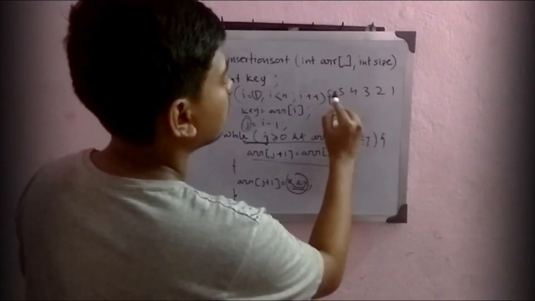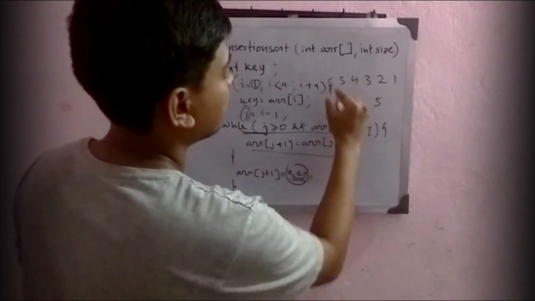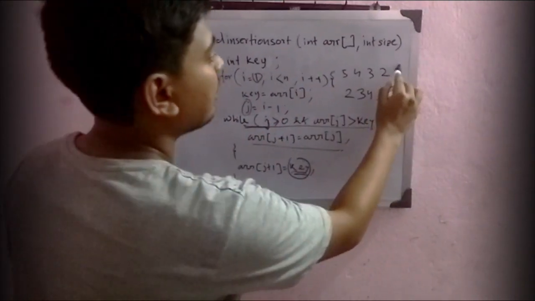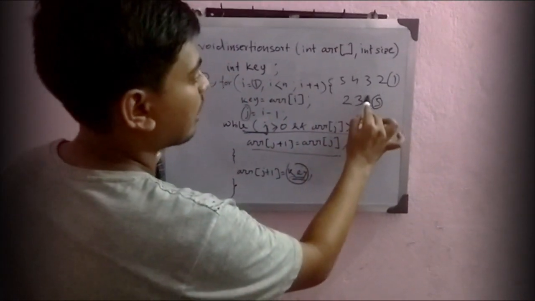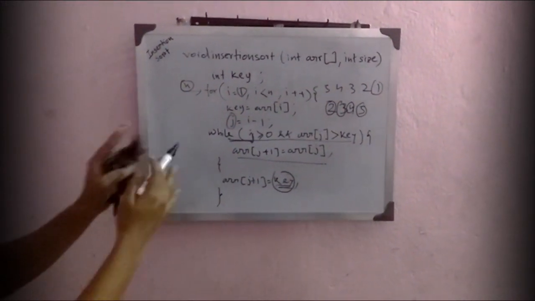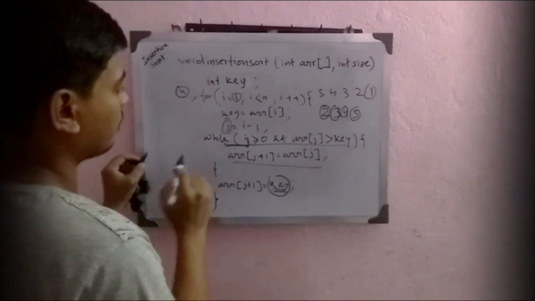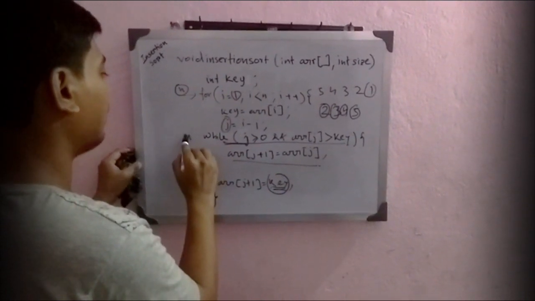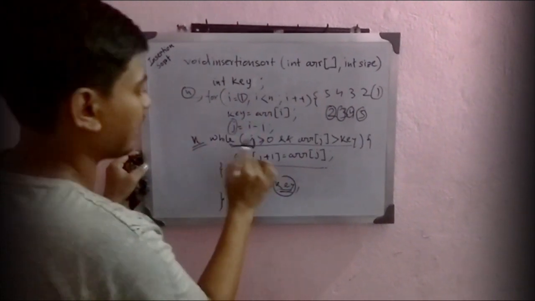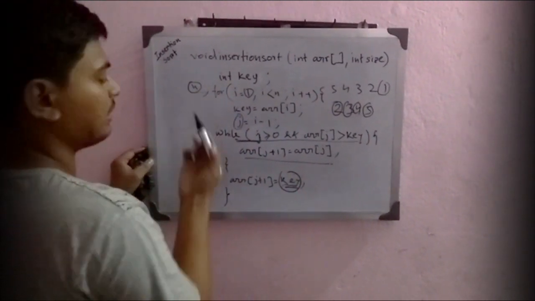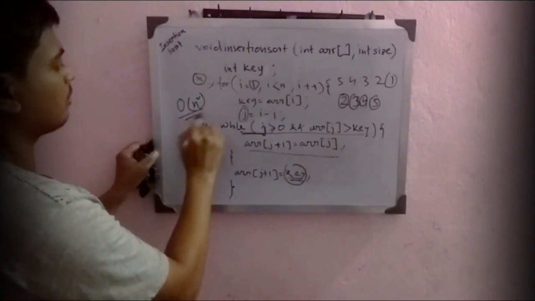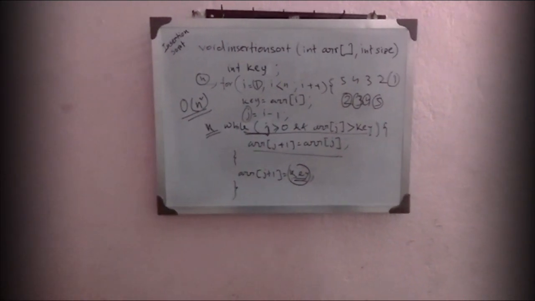When we insert, we have to compare every element, right? So in the worst case, we have to compare n times. So for each iteration it takes n time, and for n iterations it takes order of n square, big O of n square. So it is the worst time complexity.